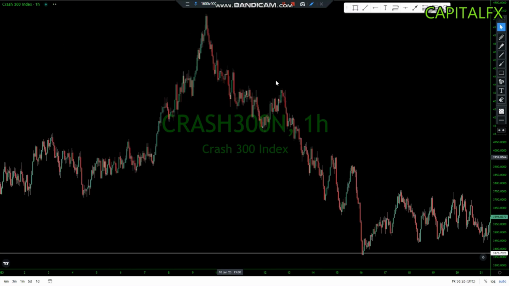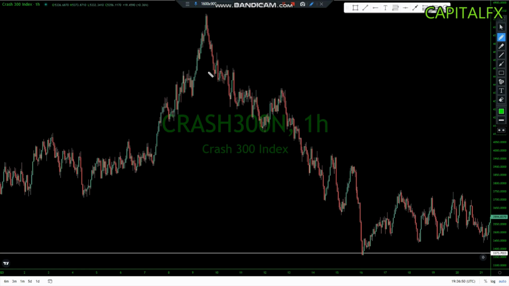Yes, I got it. This is how it used to look. You can see that this candle did not engulf this candle, but it closed more than half of the previous green candle. So this is what we know as our dark cloud cover.